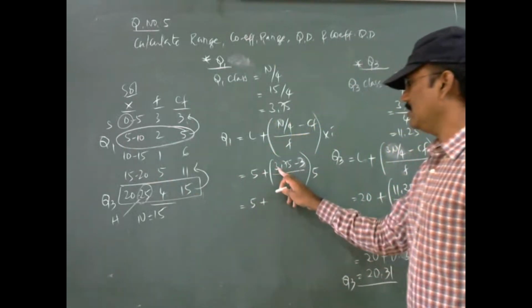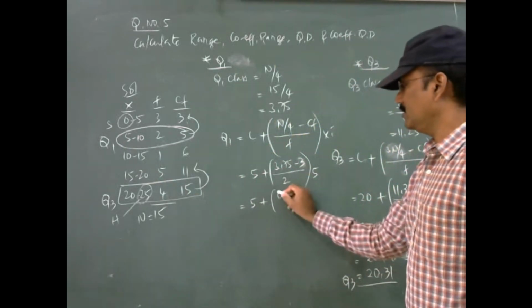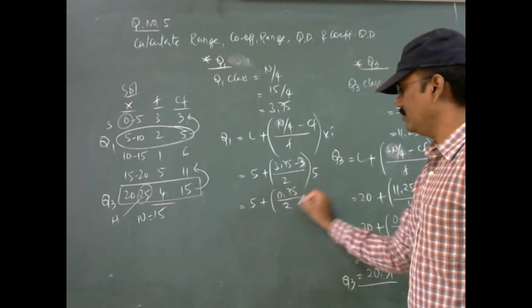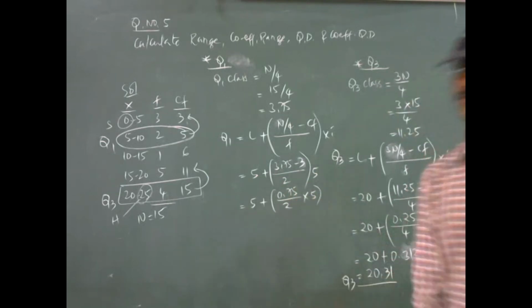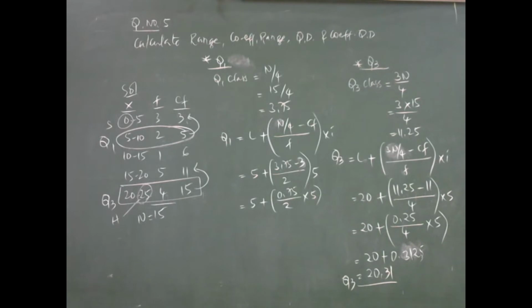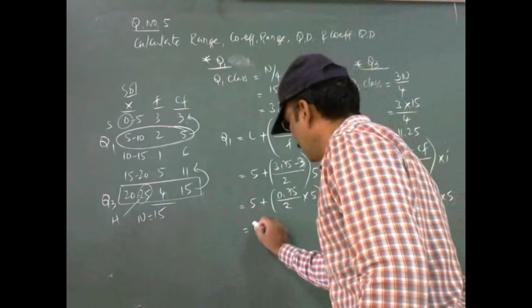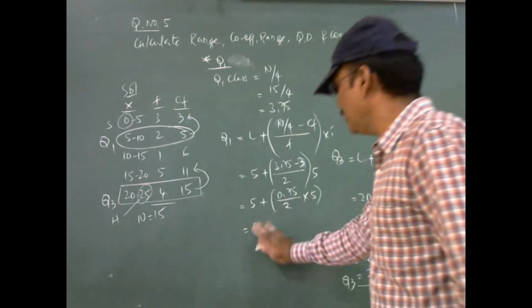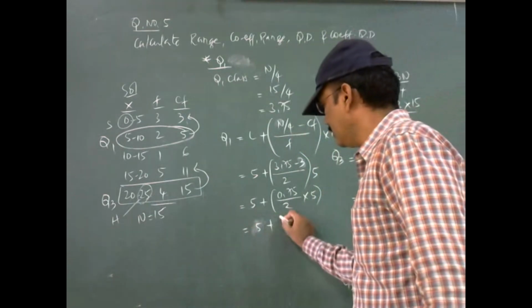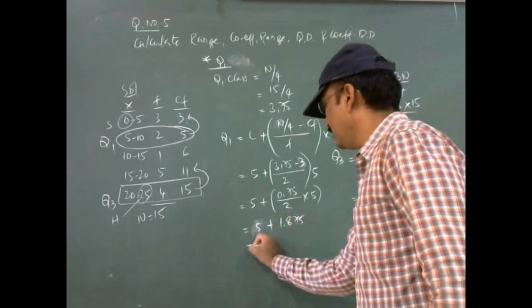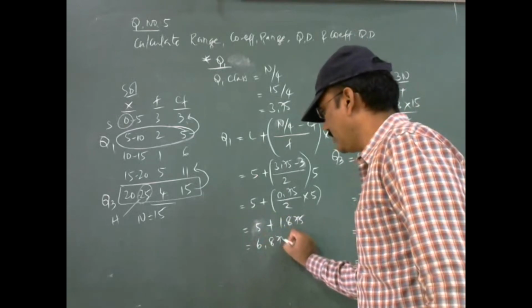5 plus 3.75 minus 3, that is 0.75, divided by 2, into 5. You simplify this one. 0.75 into 5 divided by 2, so the answer comes 1.875. 5 plus 1.875, so the net answer is 6.875.